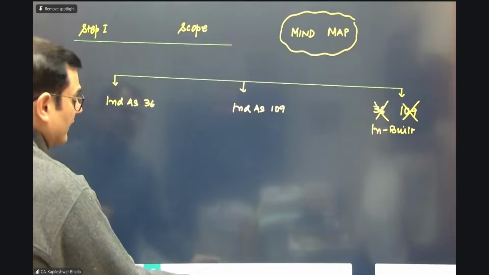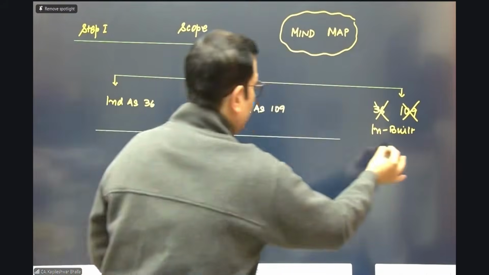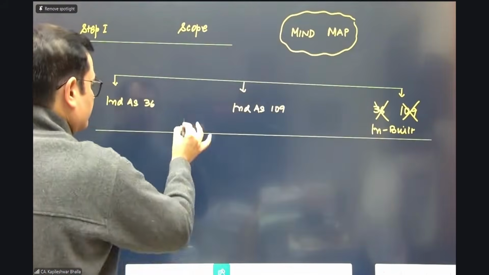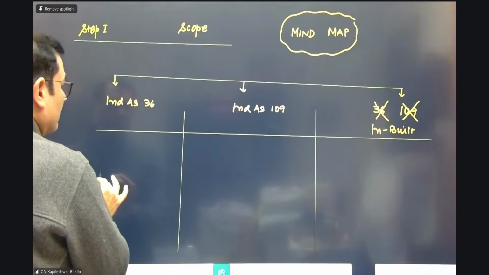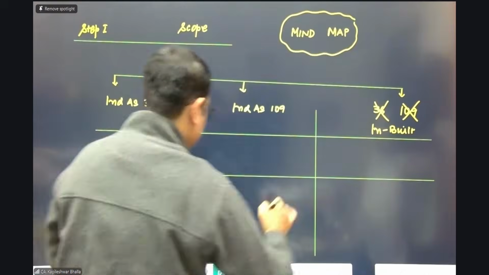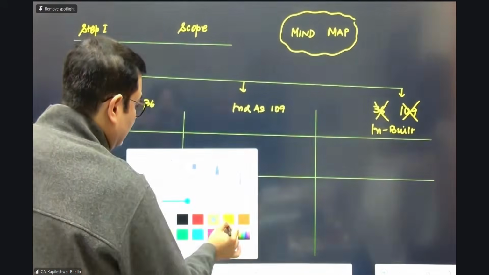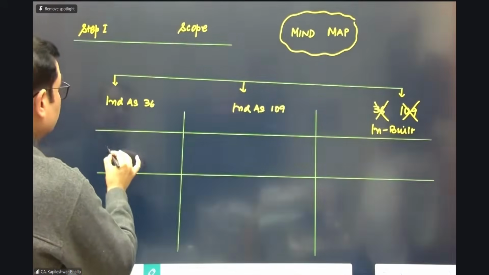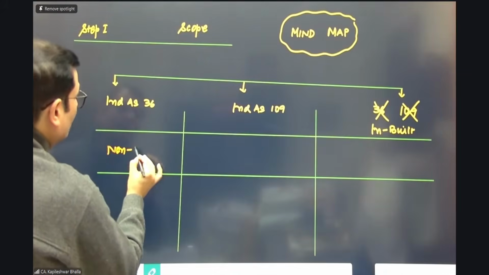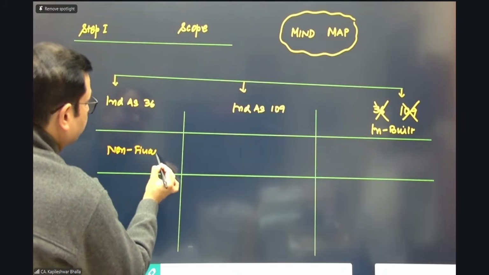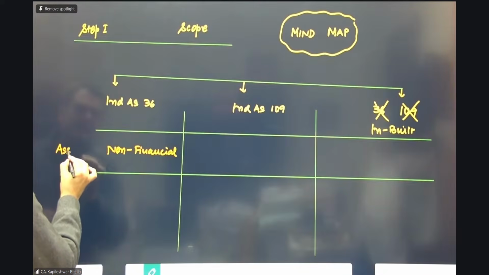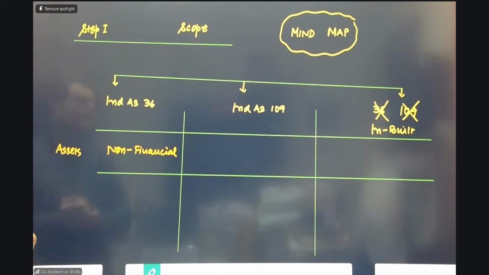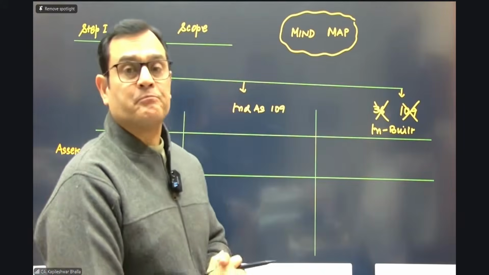Now, when I look at these three categories, the first thing is, number one, what comes to the mind, which particular assets are covered under Ind AS 36, and typically they're supposed to be non-financial assets.